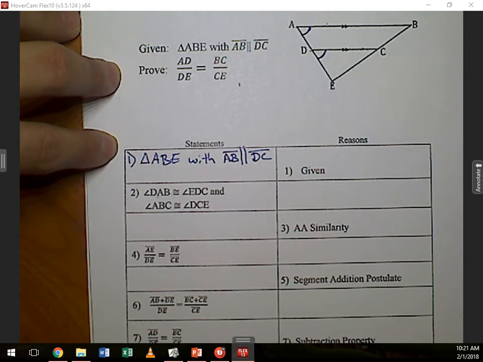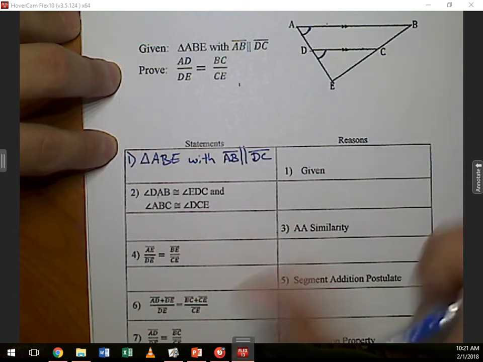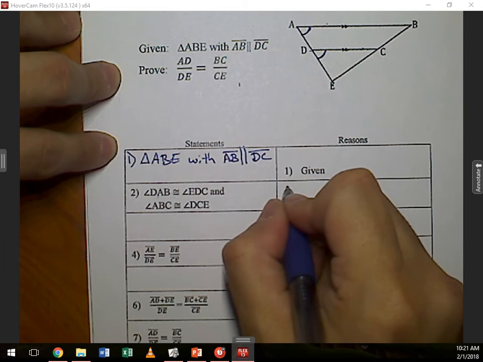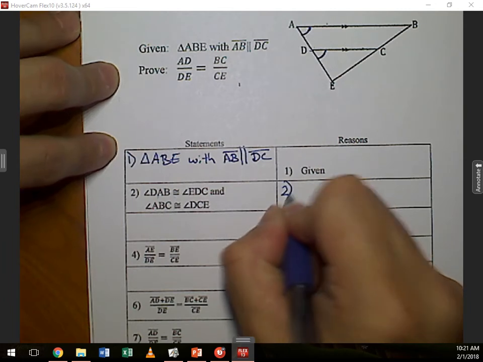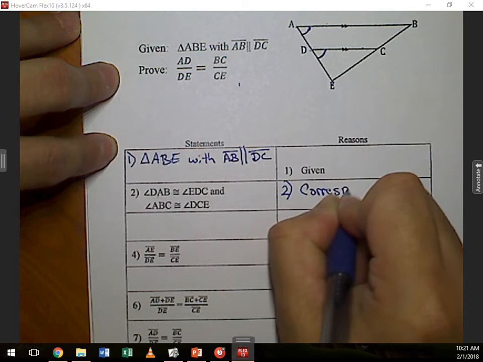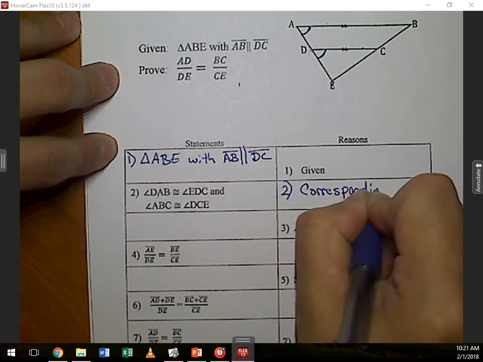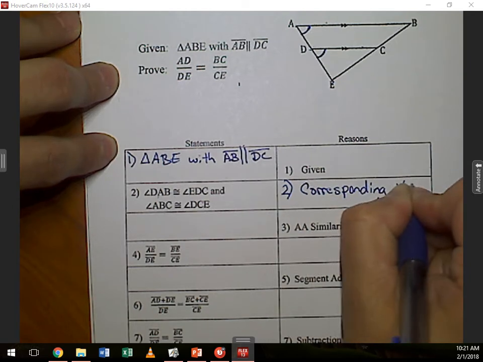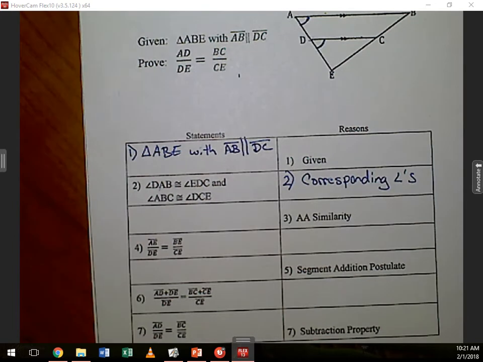So that one's going to be corresponding. Very good on that one. So my reason 2 is corresponding angles.